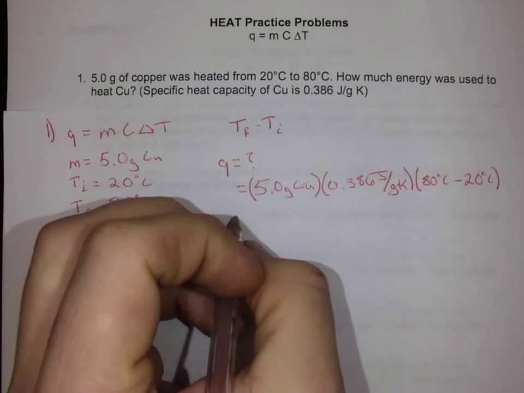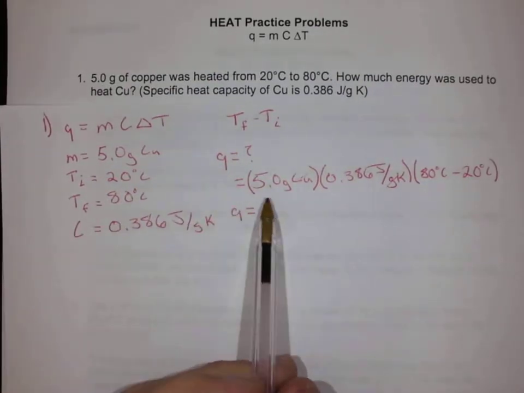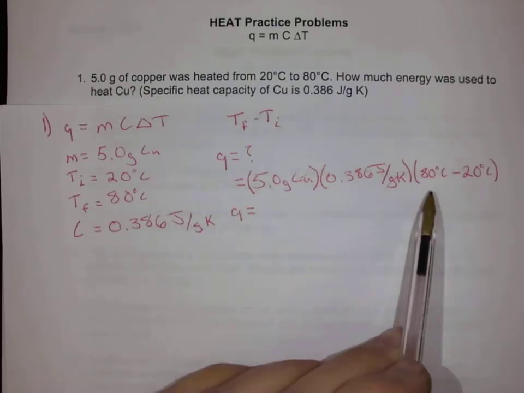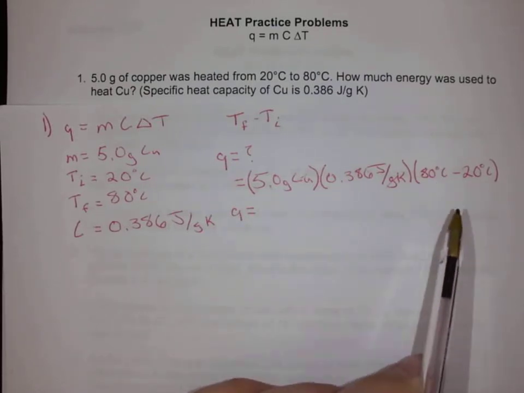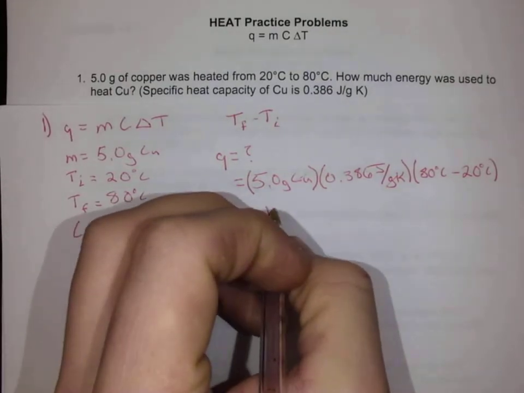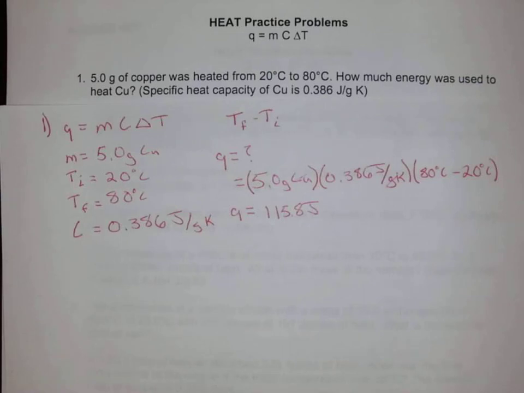So Q is going to equal 5 times 0.386 times 80 minus 20, which is 60. We're going to use 115.8 joules to heat up our copper, okay?